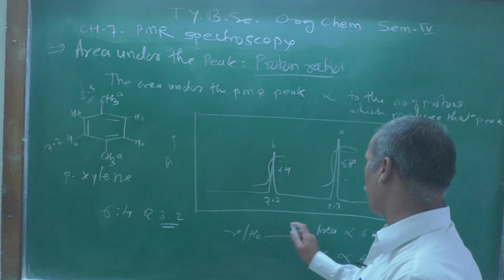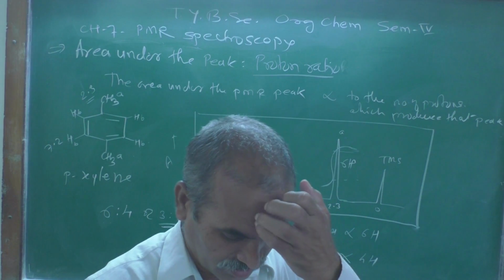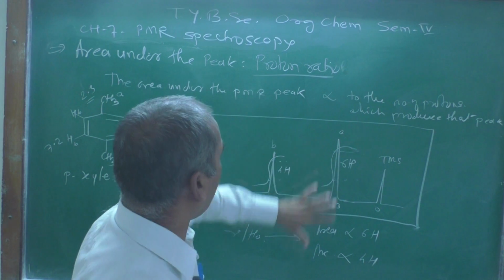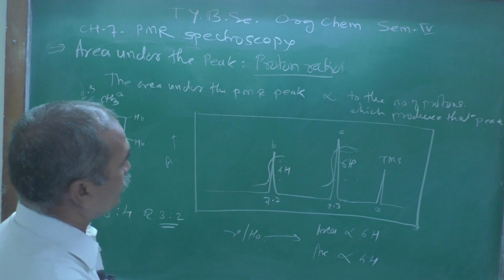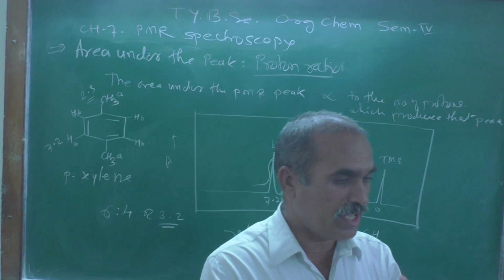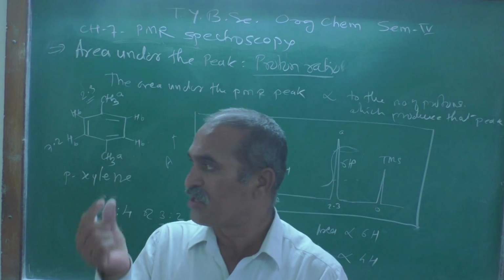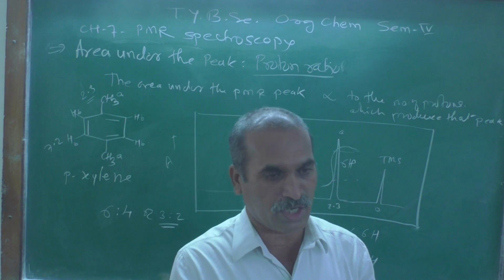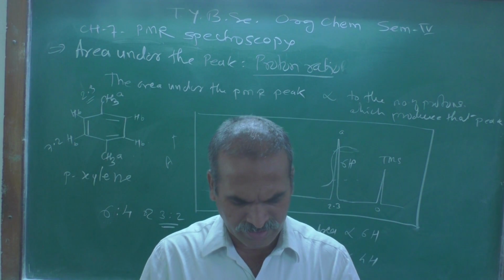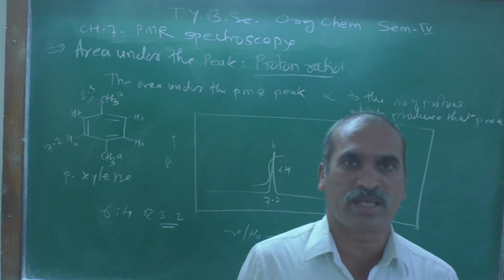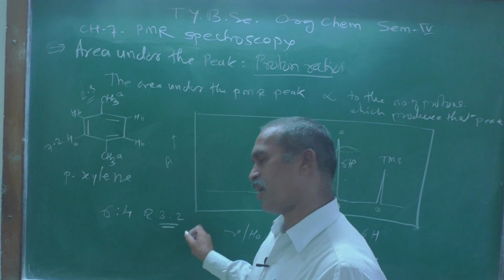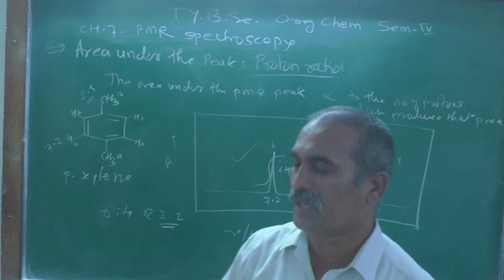The relative ratio of the area under the peaks is nothing but the proton ratio, which is 6:4 or 3:2 in this case.